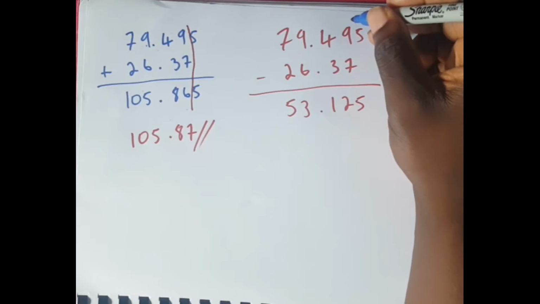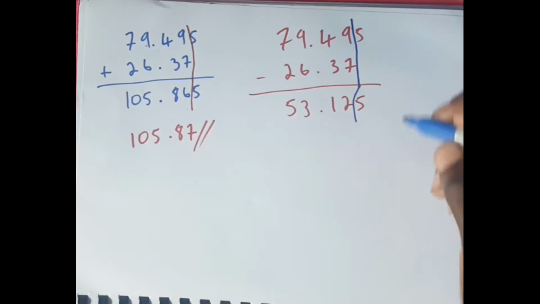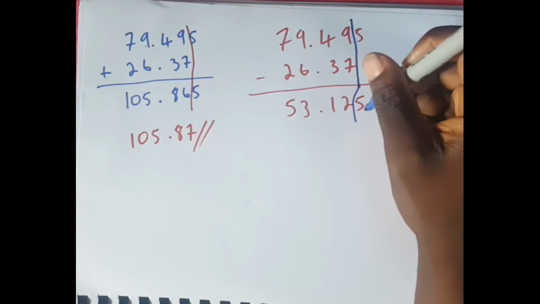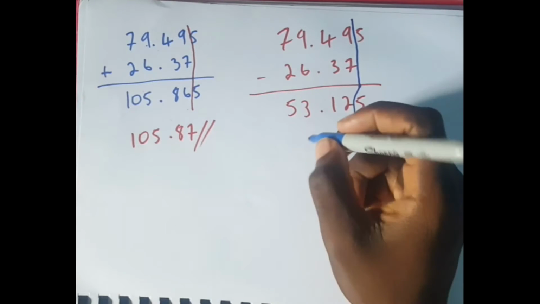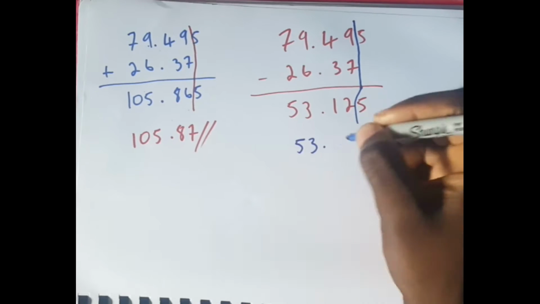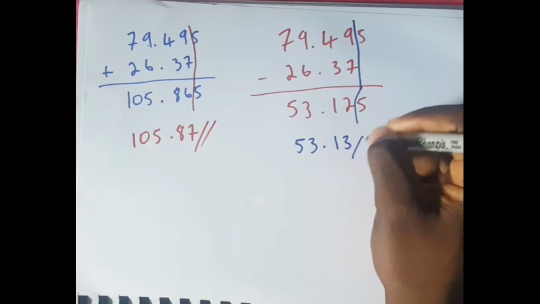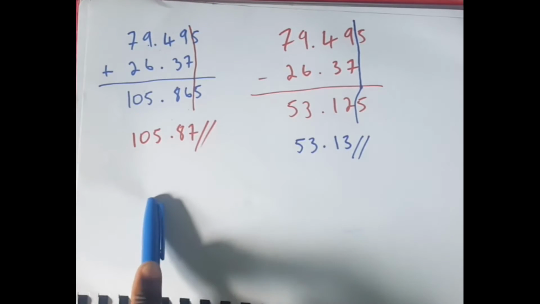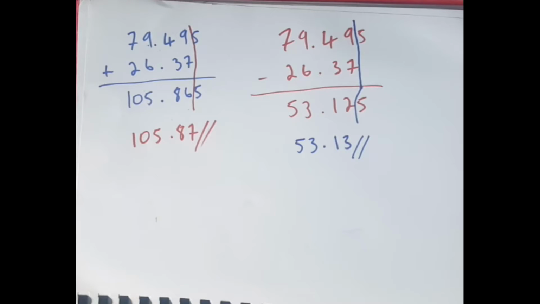So I would draw a line here, and I know I would have 2 decimal places here. And because this is a 5, I would round this up to 3, so I would have 53.13 for my final answer. So both subtraction and addition, the rules go for both.